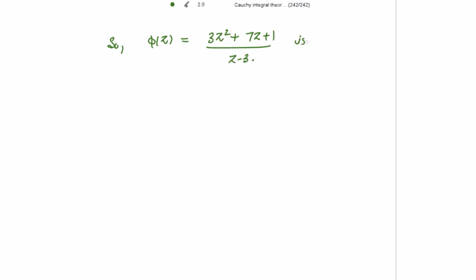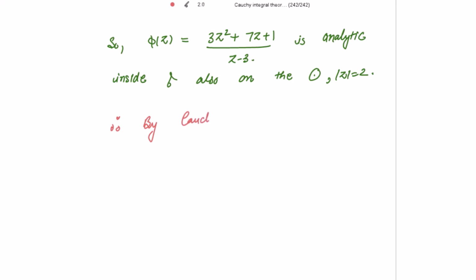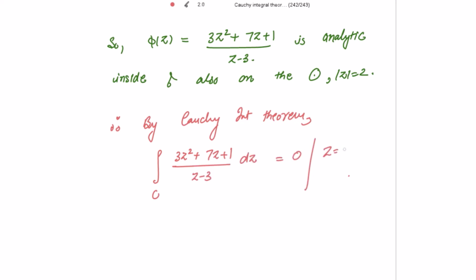And this is analytic everywhere inside the circle and also on the circle, mod z equal to 2, right? So therefore, by Cauchy's integral theorem, the integral over C for this integrand is equal to 0 as z equal to 3 lies outside the circle.